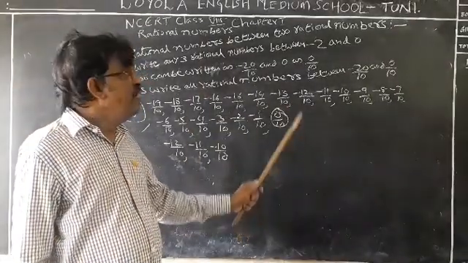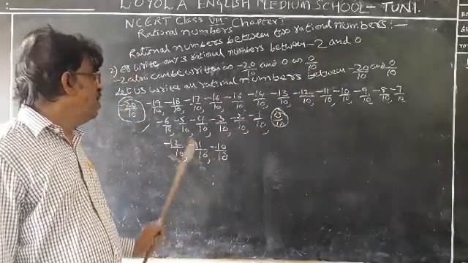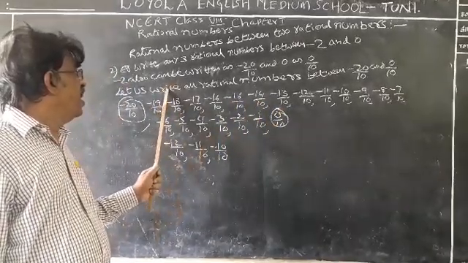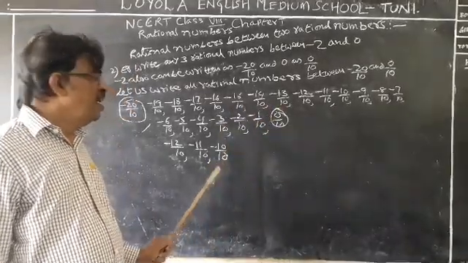Understood, all of you? If the given sum is like this, this is the procedure. Write all of them; if you want any 3 or any 5, take continuous numbers and you will get the answer.